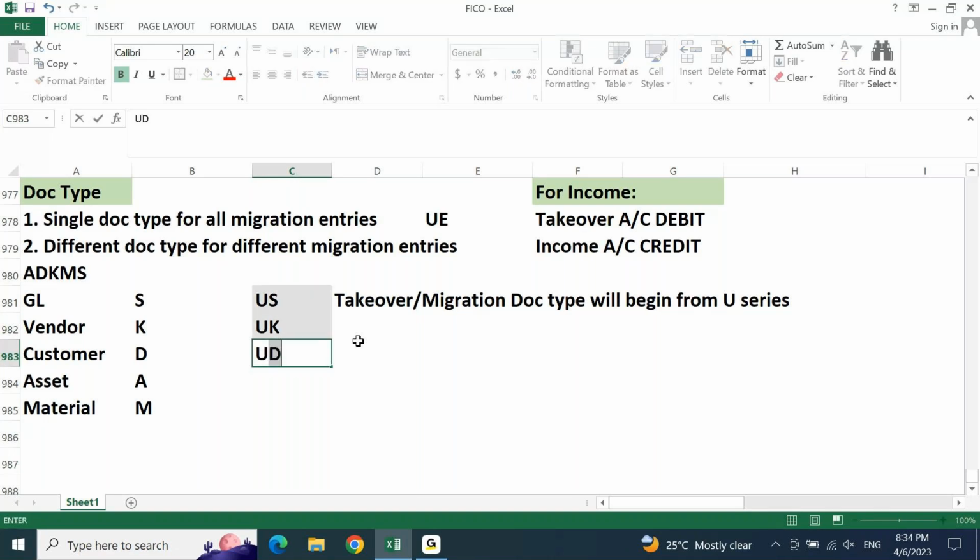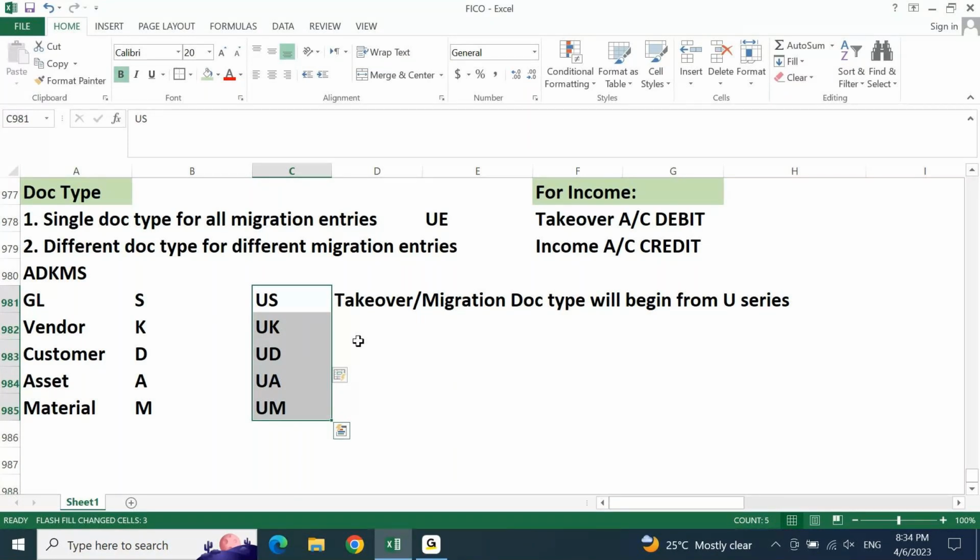For asset, UA. For material, UM. Or if you want a common document type, you create a single one called UE or UD. By looking at the document type itself, you will understand whether this is a customer, vendor, GL or asset migration entry.